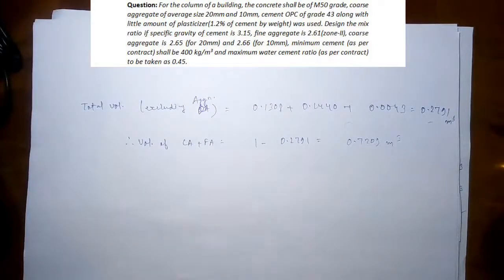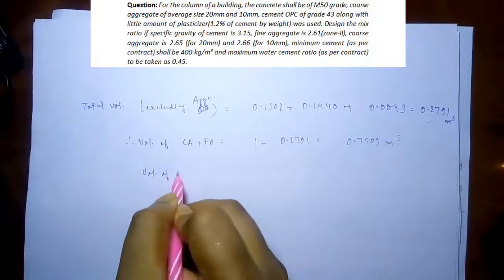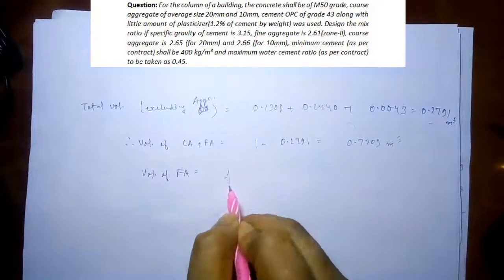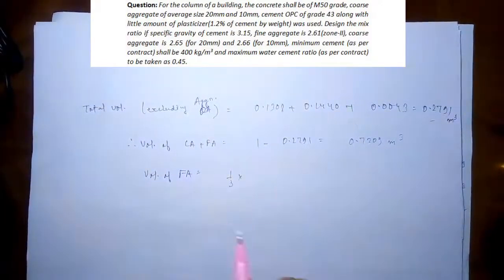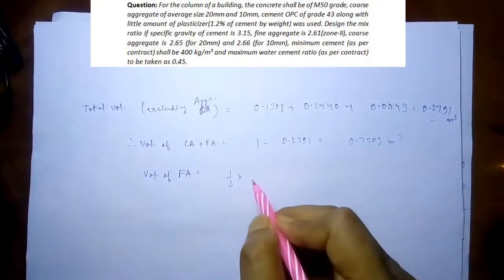So now the volume of fine aggregate will be, let us say assuming that 33%, one third, of the total volume of aggregate will be taken by the fine aggregate.